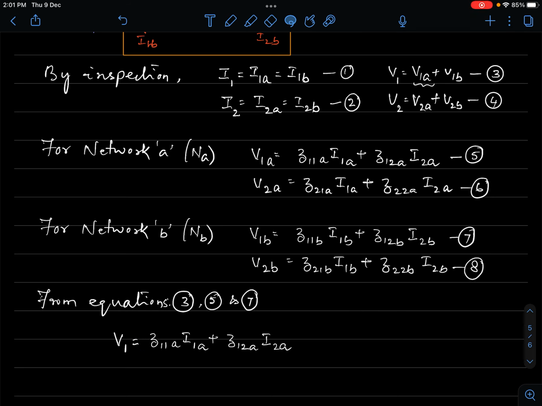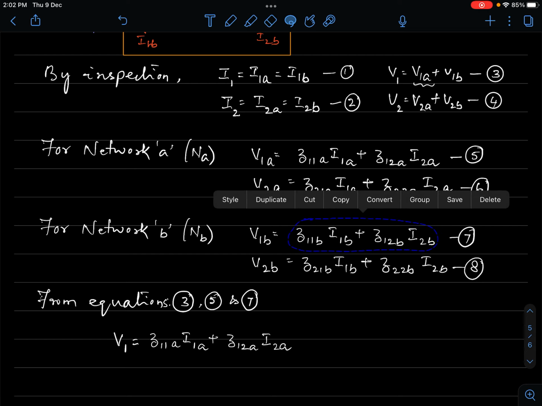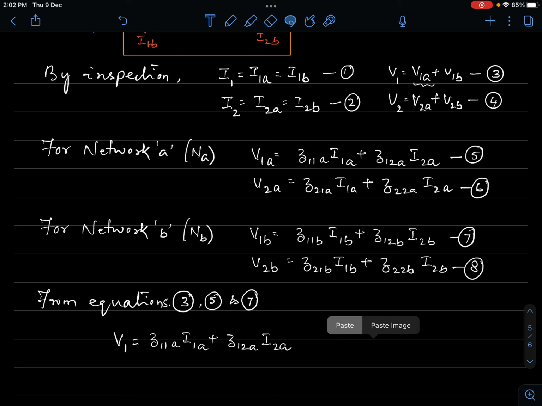And again I'll take V1B from this, copy and paste it here, and put a plus sign. My equation 3 becomes like this. After substitution of 5 and 7 in equation 3, I get this.